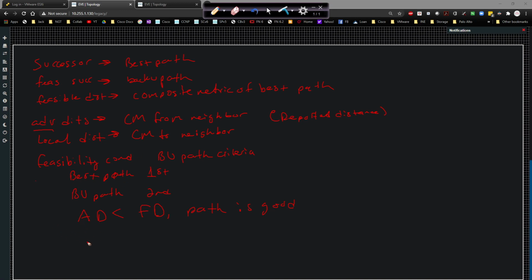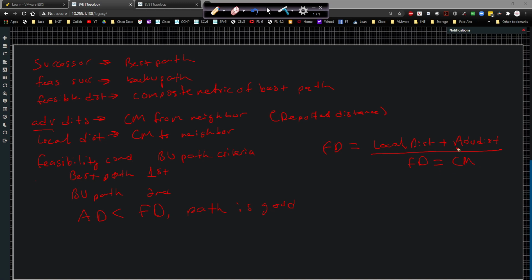So remember, feasible distance is end to end, so let's do this: feasible distance equals the local distance and the advertised distance combined. So you take these two together and you end up getting the feasible distance, or your composite metric.